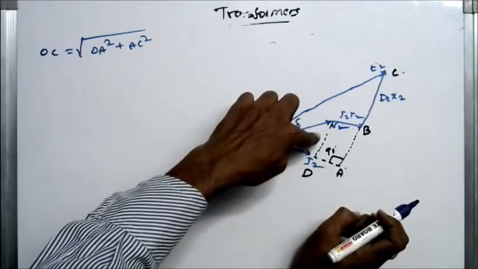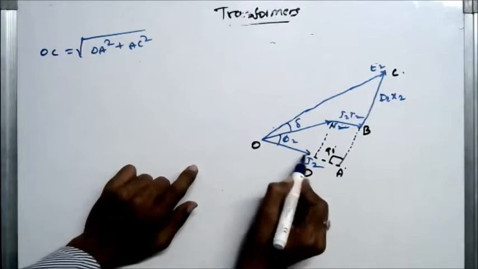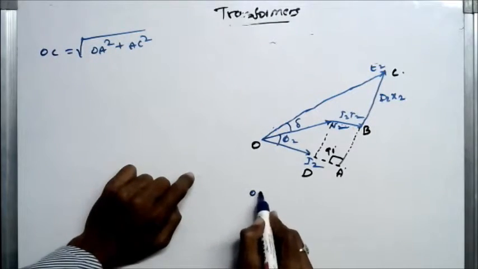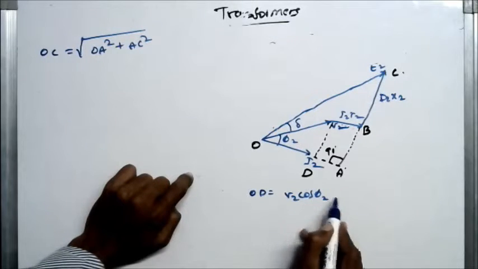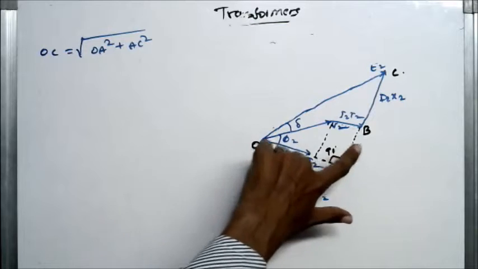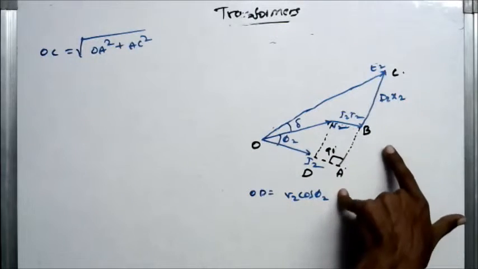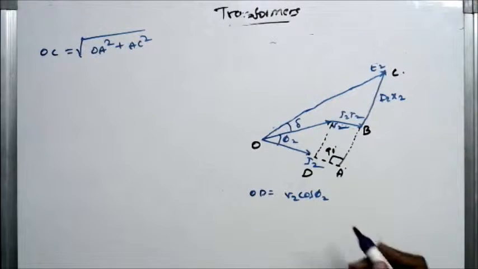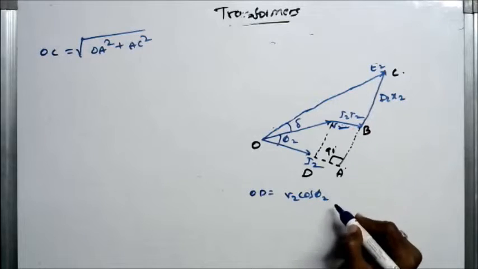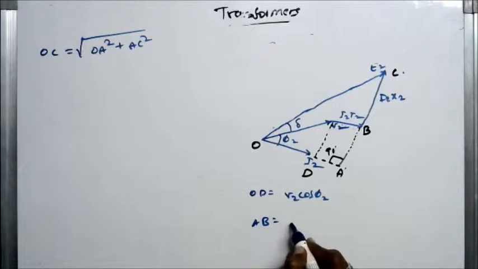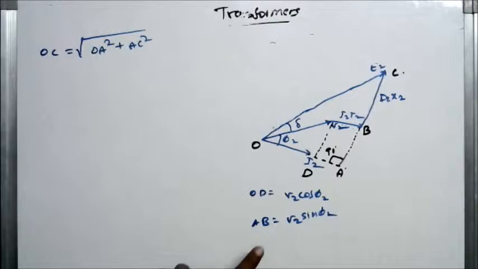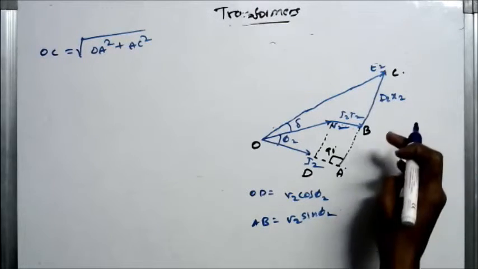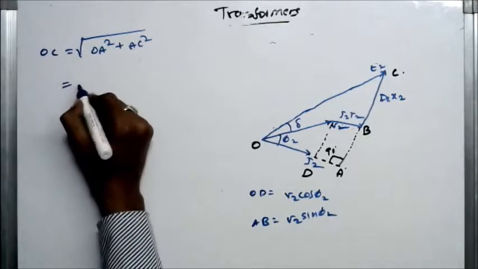So this OD is equal to V2 cos phi 2. Is it? Now AB is equal to V2 sin phi 2. Yes, it's correct.